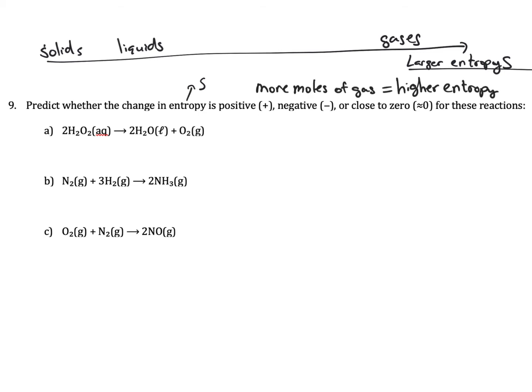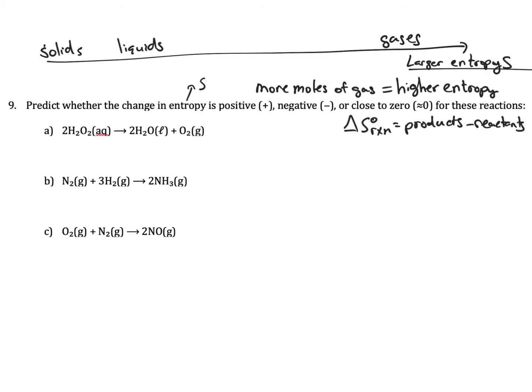The more moles of gas, the higher the entropy. And since delta S for this reaction is products minus reactants, if the products have more moles of gas, they'll have a higher entropy and delta S will be positive.